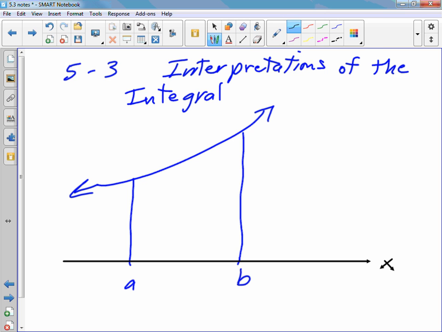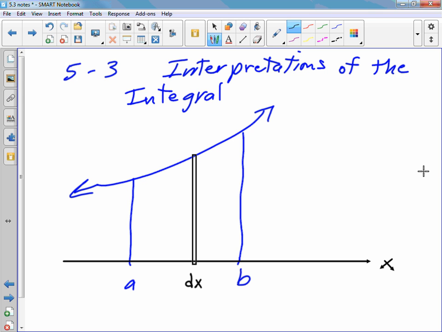Keep in mind that if we have a little slice of this, somewhere in here, this slice has some infinitesimally small width that we talk about as delta x or dx in Leibnizian notation.